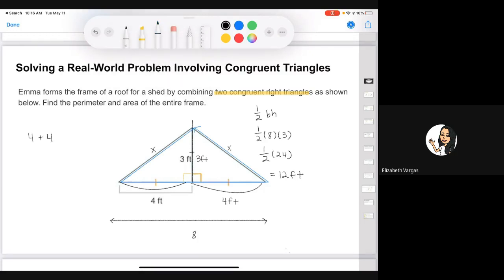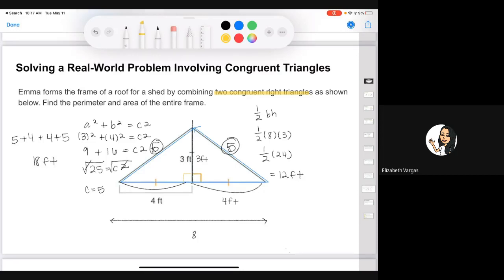Whenever I have a right triangle, I use the Pythagorean theorem to find my missing side length. So 9 plus 16 equals c squared. 25 equals c squared. To get rid of your squared, you square root both sides. c is equal to 5. So now I know that this is equal to 5, and I know that this is equal to 5 because those two are congruent to each other, so they have equal parts. So plus 5 plus 5, that tells me my perimeter is equal to 18 feet.